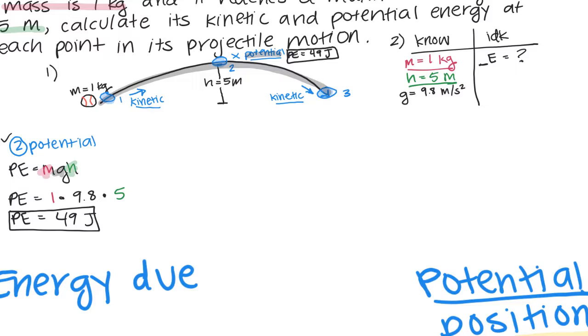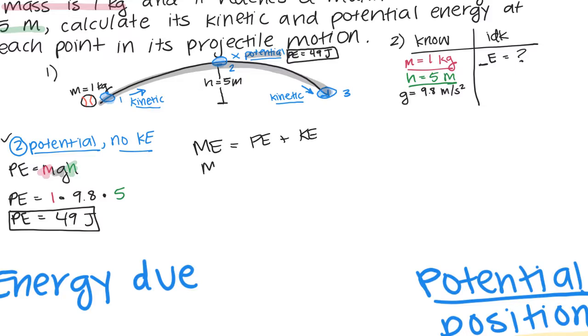And we also know at position 2, there is no kinetic energy. That object has stopped moving at position 2. So if there's only potential energy and no kinetic energy at position 2, we can say our mechanical energy is equal to our potential energy plus our kinetic energy.